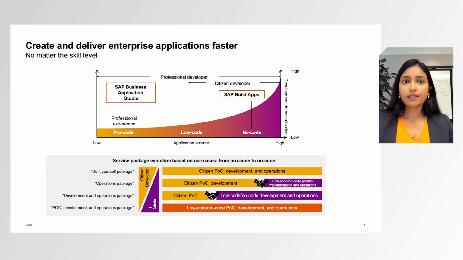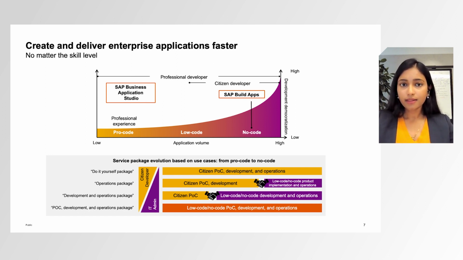As you can see here, the IT admin handles the POC, development, and the operations of an application if it's a business critical use case. And if it happens to be a personal productivity use case, on the other hand, the citizen developer is provided with a do it yourself package wherein they can develop, test, and deploy the application.